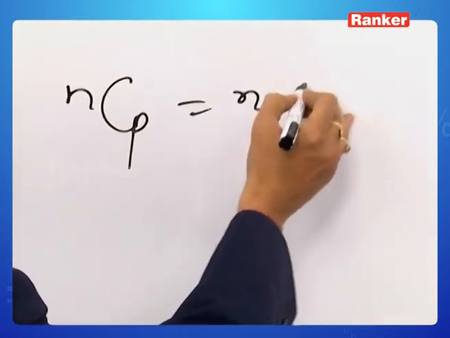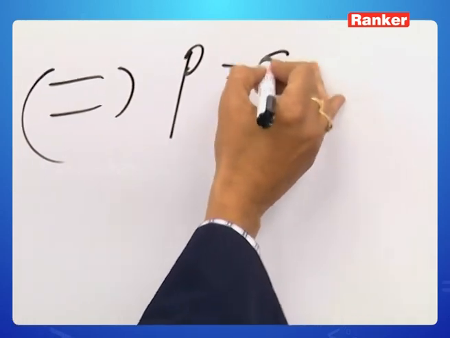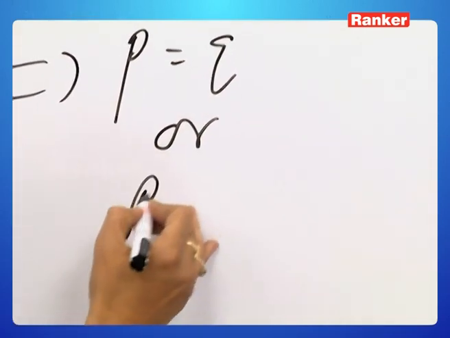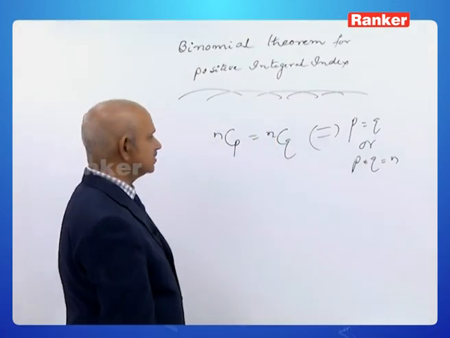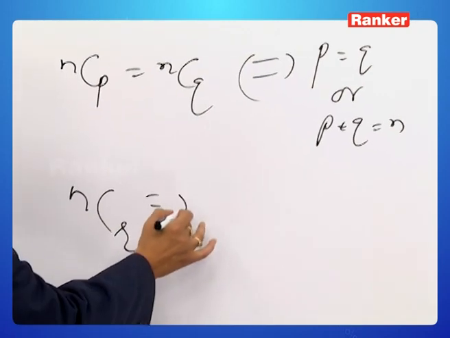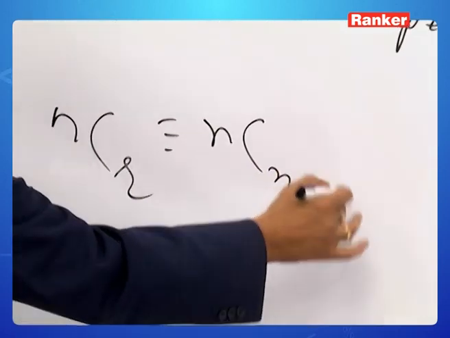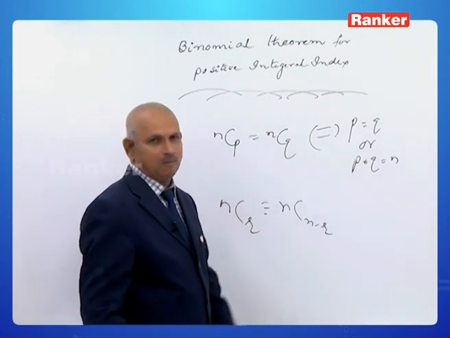nCp is equal to nCq if and only if either p is equal to q or p plus q is equal to n. Of course, this has been derived from the identity nCr is equal to nC(n minus r). If at all these two things happen to be equal, no problem.